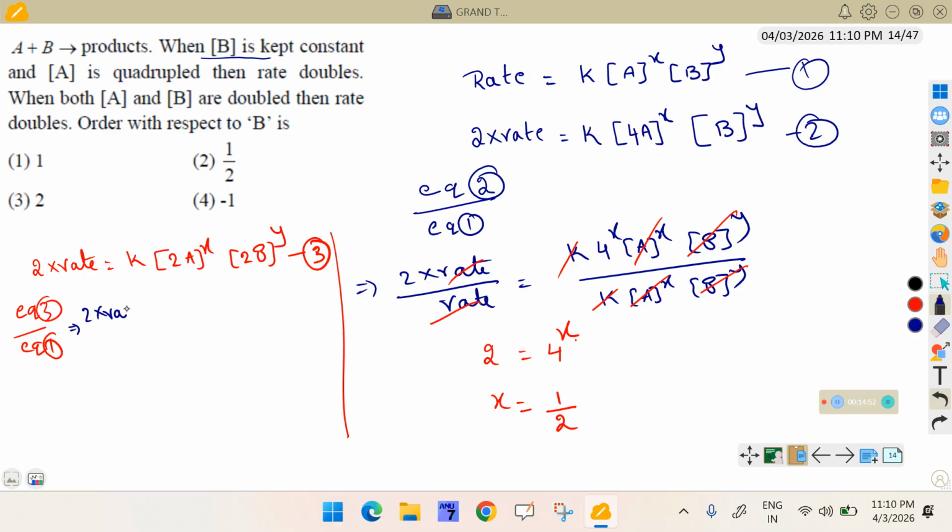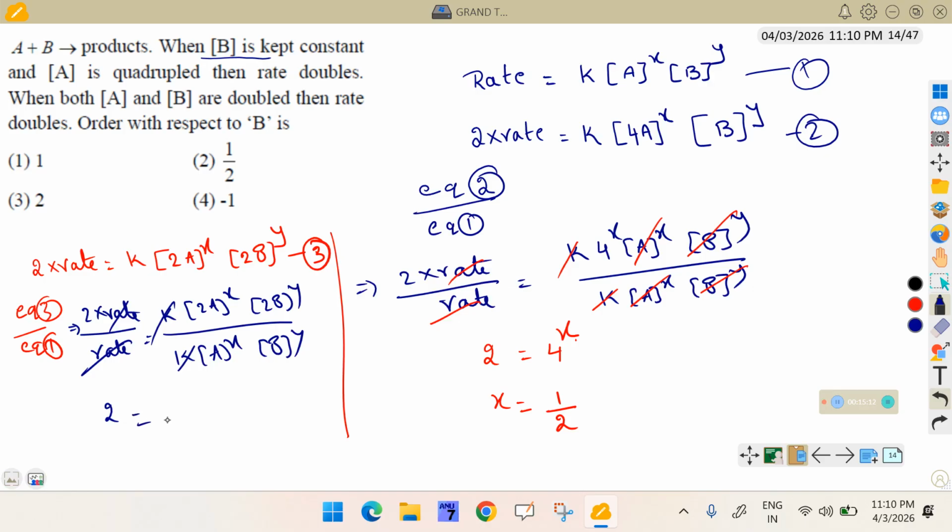2 into rate by rate is equal to K (2A) whole power X (2B) whole power Y by K into A power X B power Y. So 2 is equal to 2 power X into 2 power Y. The value of X is already known, 1 by 2.